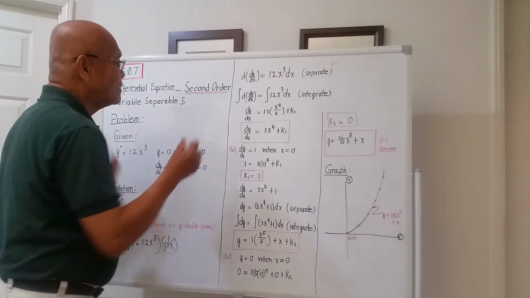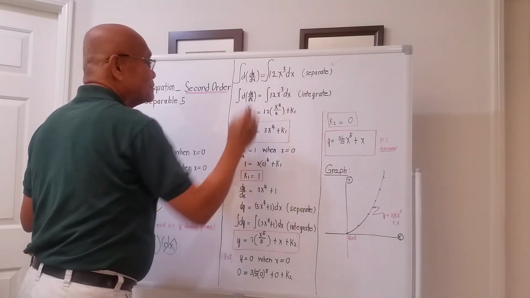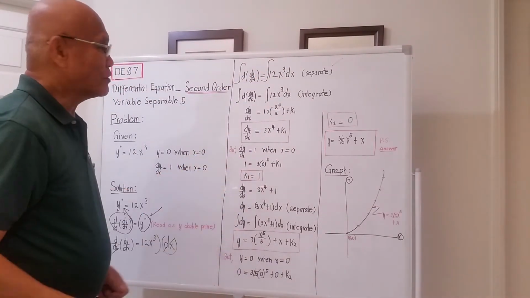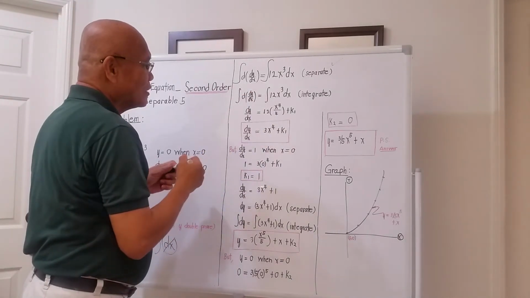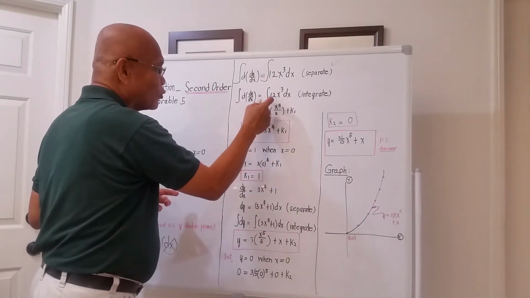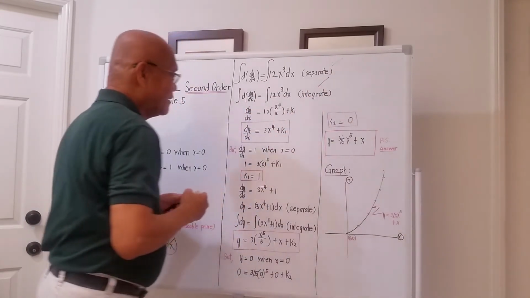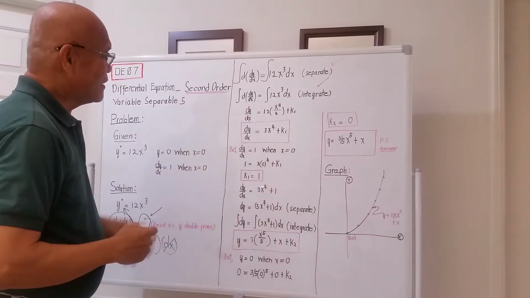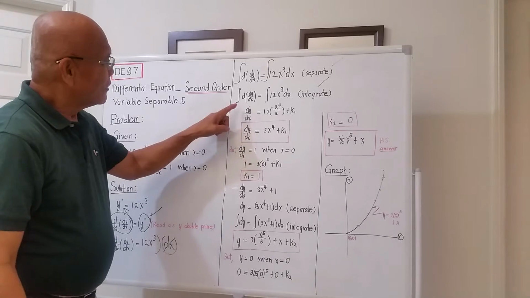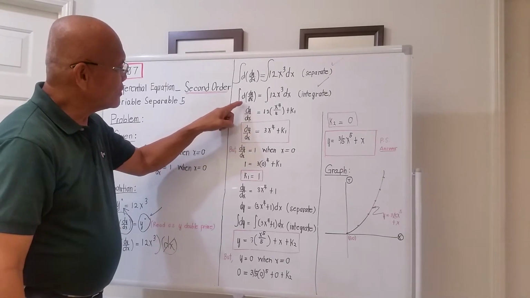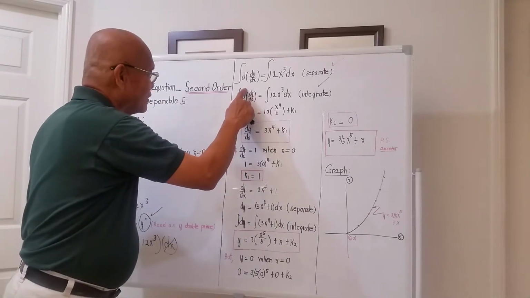Integrating both sides. The integral of the differential of dy/dx equals the integral of 12x cubed dx. We are now integrating. For the left hand side, as I have told you in integral calculus, when the integral sign goes near the differential sign, they cancel out each other.